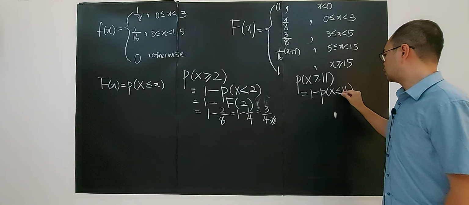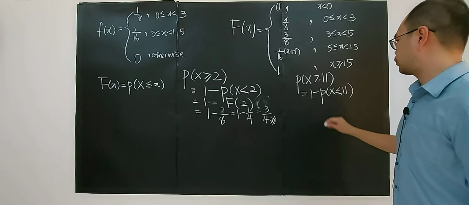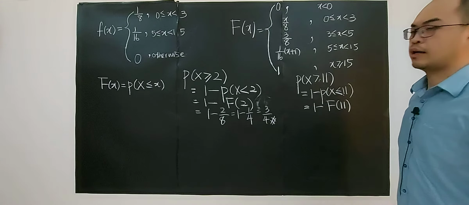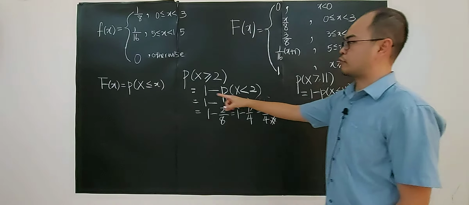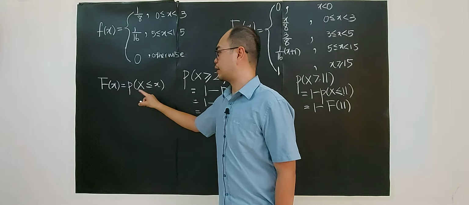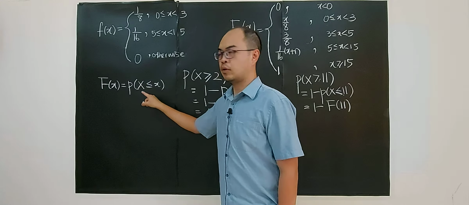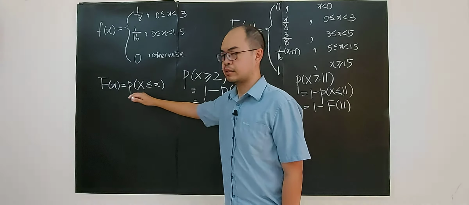So 1 minus this one you can rewrite as 1 minus F(11). Either less than or less than or equal is okay for continuous.